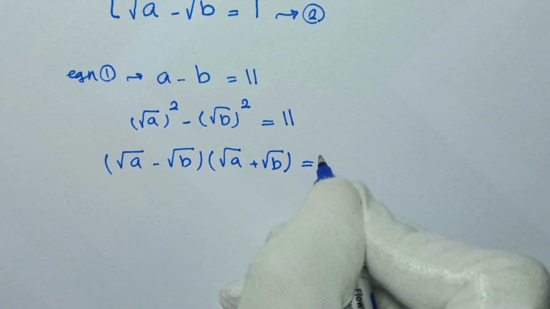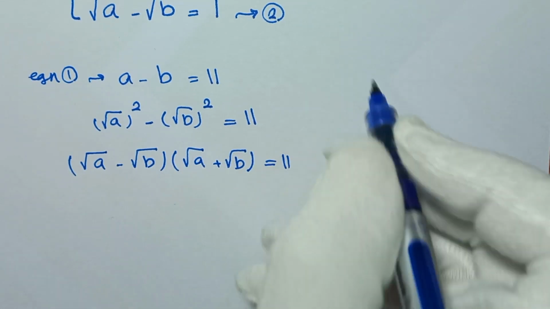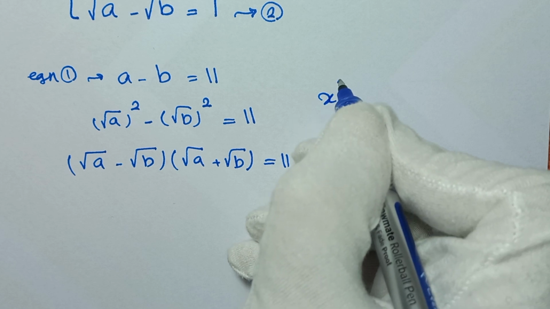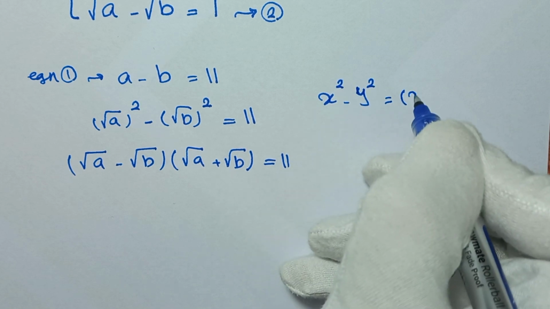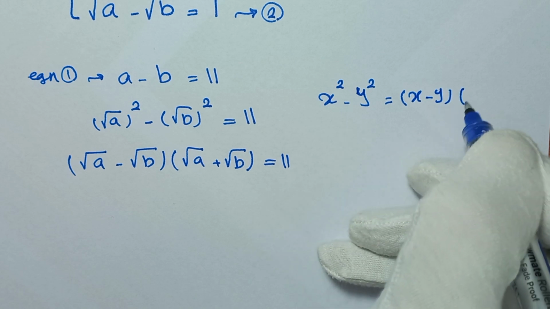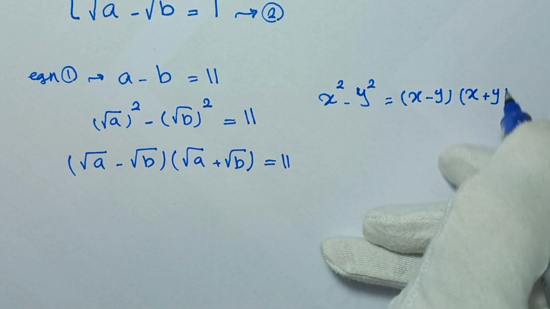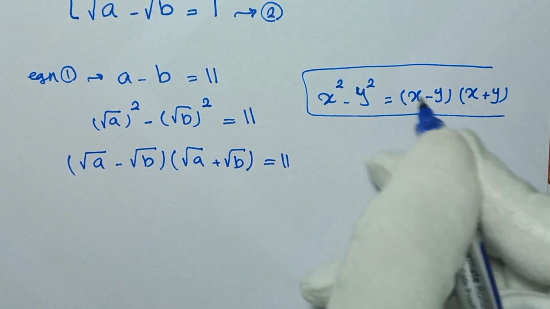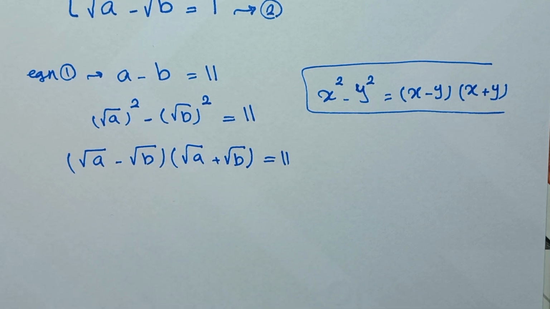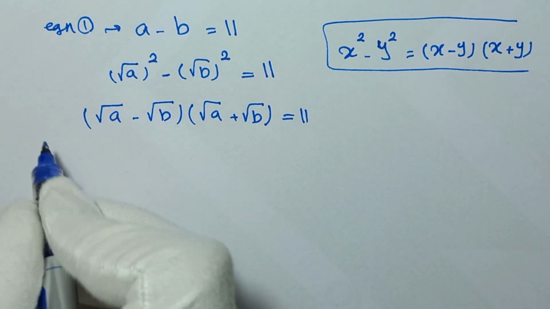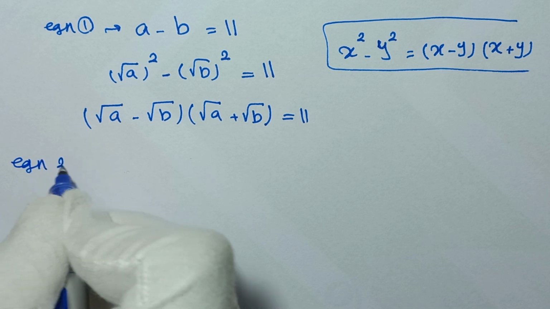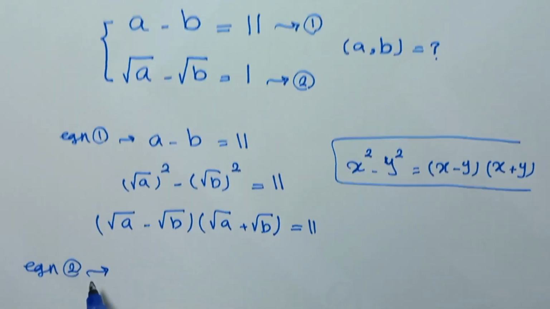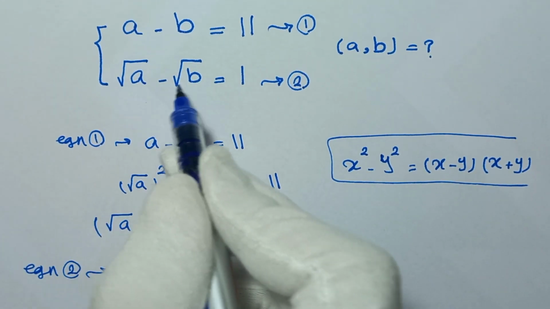is equal to 11. As you know, if we have x squared minus y squared, this is equal to x minus y times x plus y. Use this formula here. So in the next step, from equation number 2, the square root of a minus the square root of b is 1.